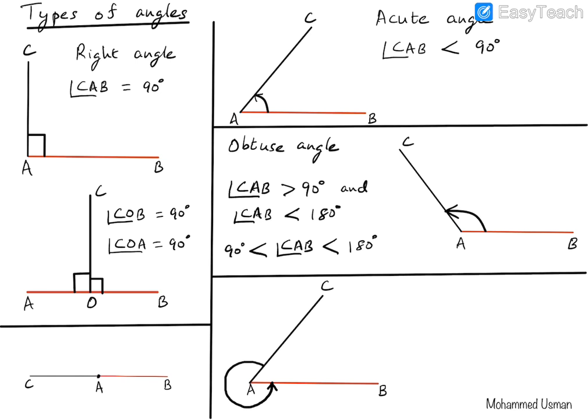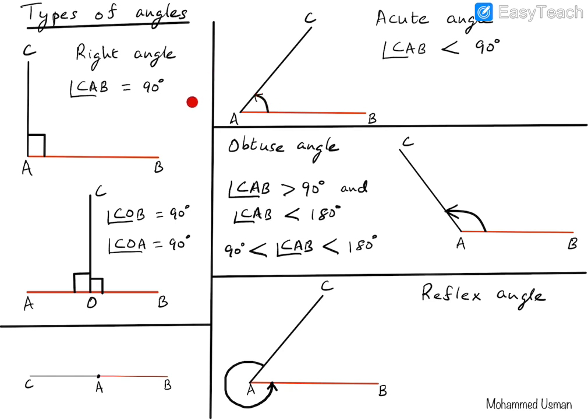And the next type of angle is called the reflex angle. Okay, and reflex angle is nothing but the outside angle of an acute angle. So you have an acute angle here. That is the angle between those two lines, which is the inside part here.